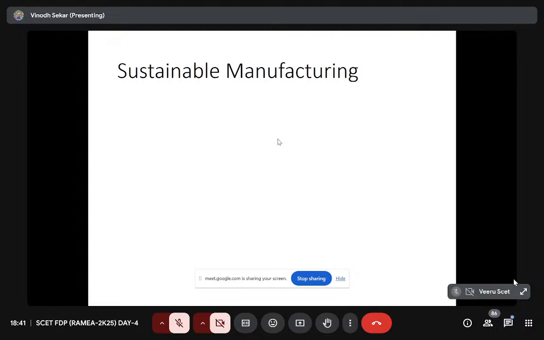So now let us spend time discussing the scope, the concepts, the methods and the tools of sustainable manufacturing, and how it enables the augmentation of the systems in line with the goals of developing advanced factories in line with industrial developments. Let me proceed, and any questions you may feel free to post in the chat box also.